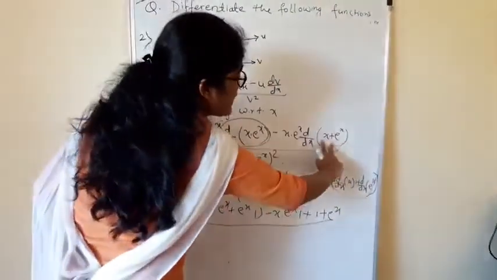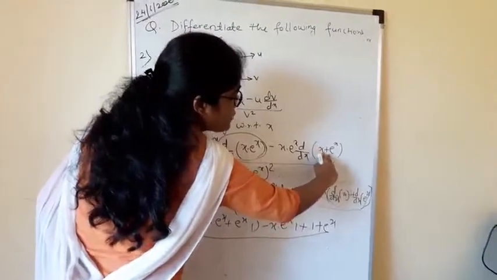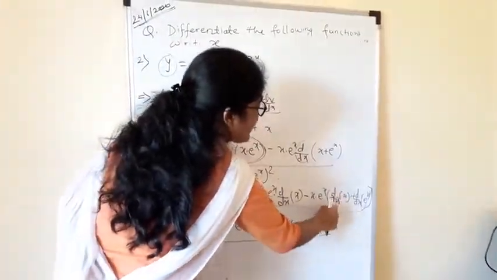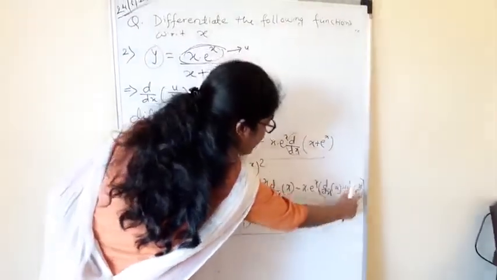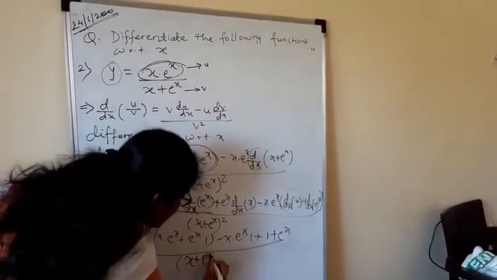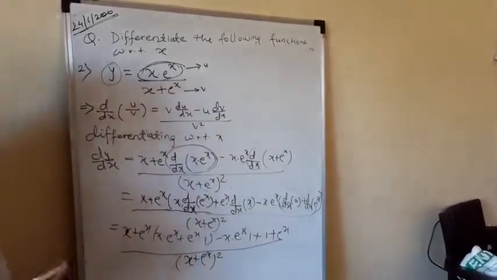Here it was an addition of the function x plus e raised to x, so we have separated this derivative: d by dx of x plus d by dx of e raised to x, divided by x plus e raised to x whole bracket square.